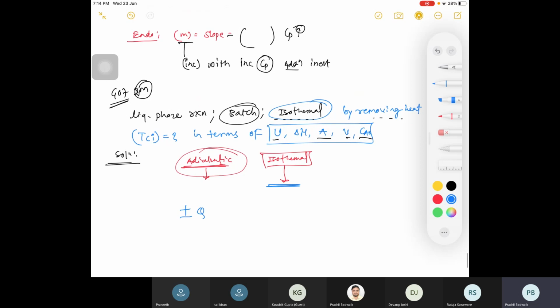प्लस माइनस Q इज इक्वल्स टू माइनस डेल्टा H R reaction, राइट, माइनस r_A इंटू V इज इक्वल्स टू प्लस माइनस Q था, बैच रिएक्टर था, summation of d by dt of N_i C_pi into your volume.